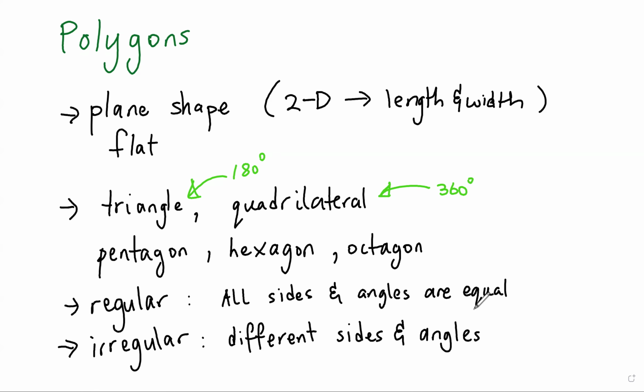Okay, so these are some things about polygons, right? Last week we looked at determining the sum of the interior angles, and we also looked at the sum of the exterior angles in any polygon.